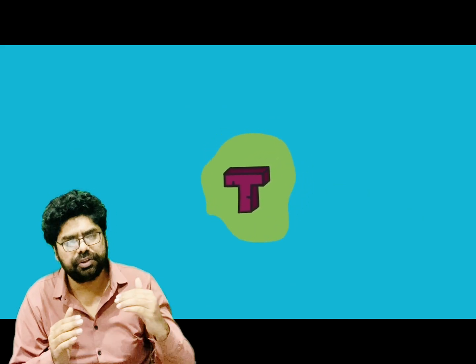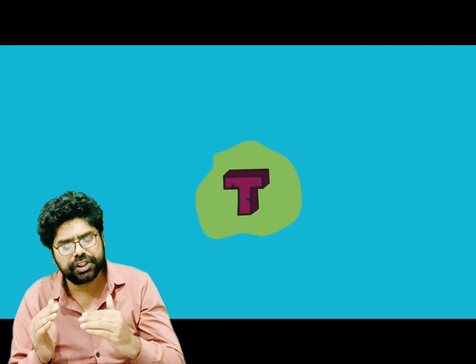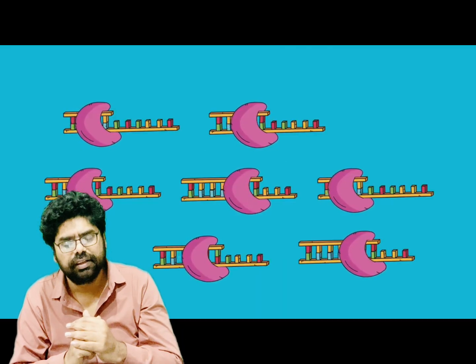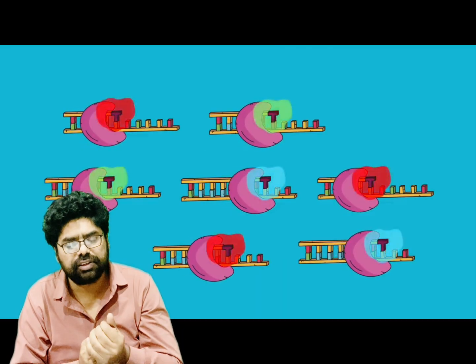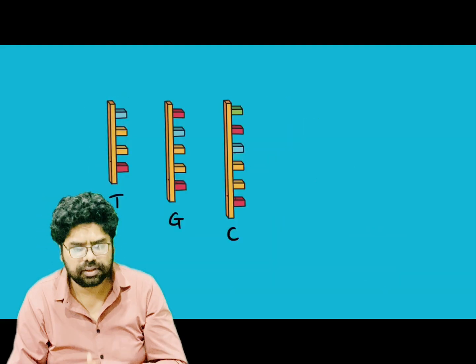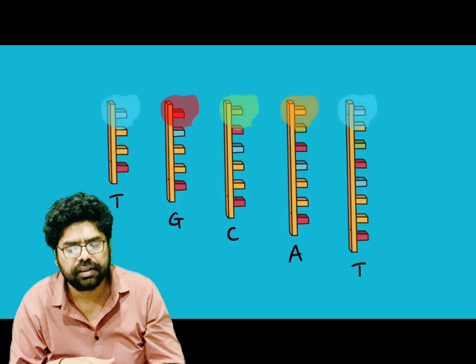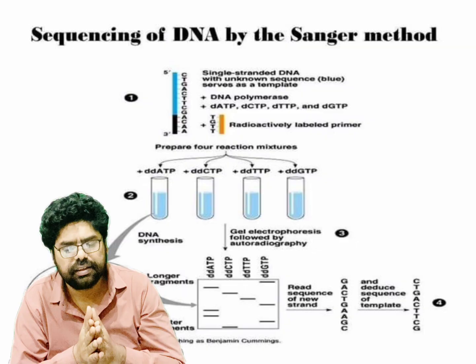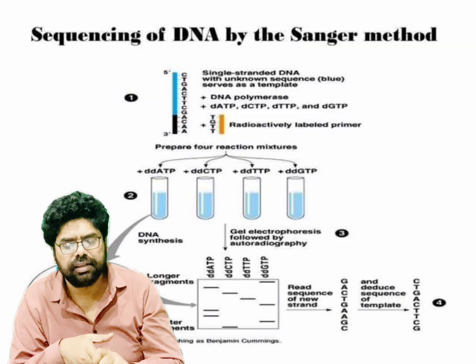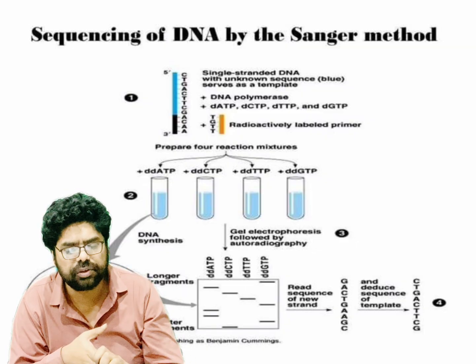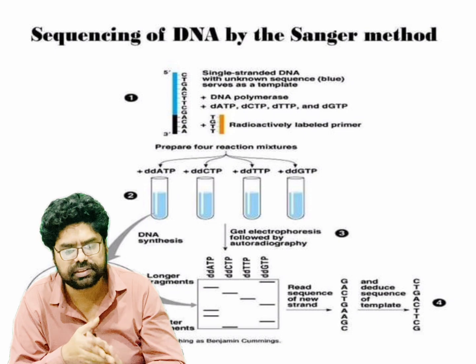DNA polymerase will continue adding nucleotides to the chain until it happens to encounter a dideoxynucleotide. Because it is a dideoxynucleotide instead of a normal one, there will be chain termination. As you can see in the figure, sequencing of DNA by the Sanger method, there is single-stranded DNA with unknown sequence, in blue, which acts as a template.